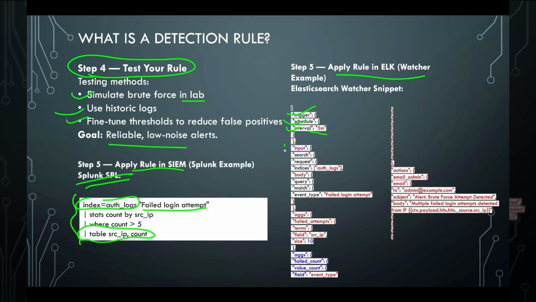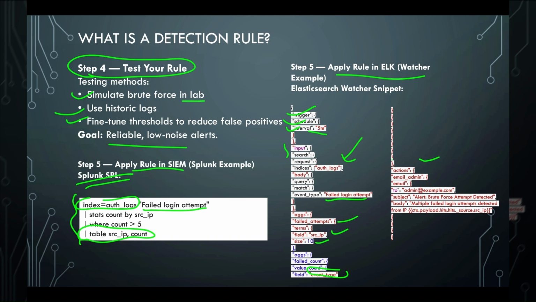And then the input is a search, which is going to check the indices, the authentication log, and in the body of the log it is going to check the event type failed login attempt. Then it is going to aggregate the failed attempts by source IP. If source IP size is 10, then it is going to aggregate again the failed count and the value count, and then the field is event type, and then the action would be email admin.